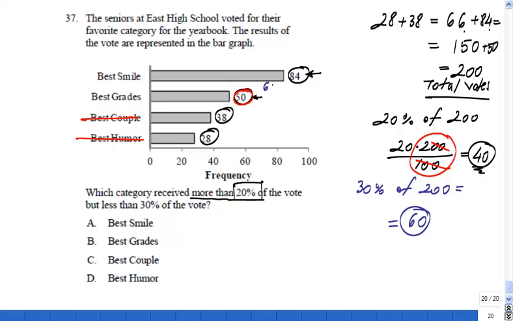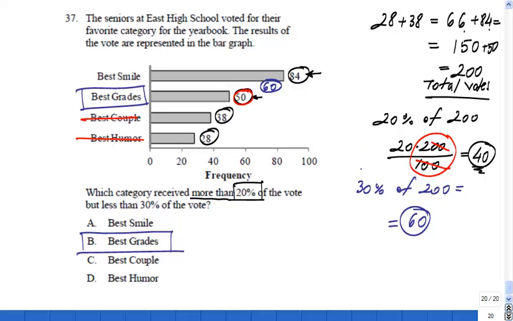And obviously 60 is between 50 and 84, right? And that's why, as you guessed previously, the answer for this problem will be B, best grades. The best grades category received a number of votes that's more than 20% but less than 30%.